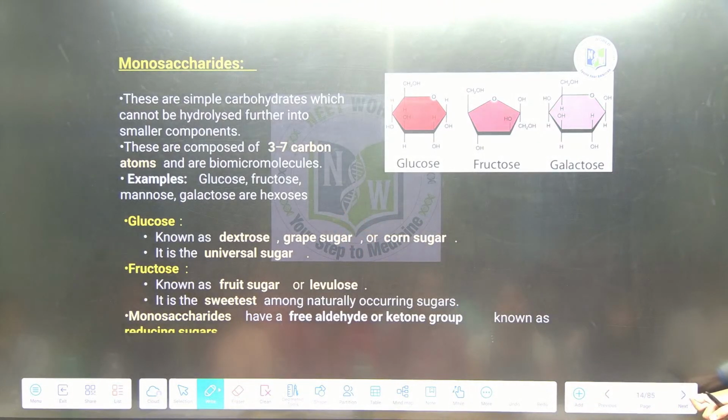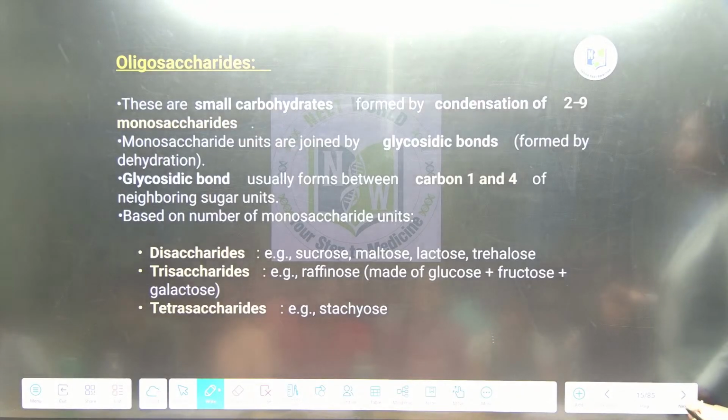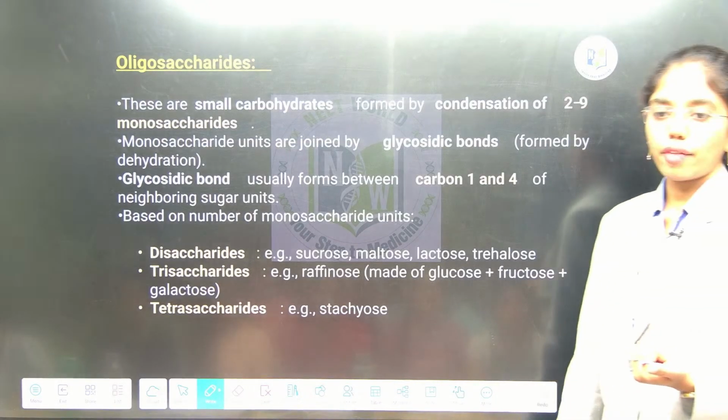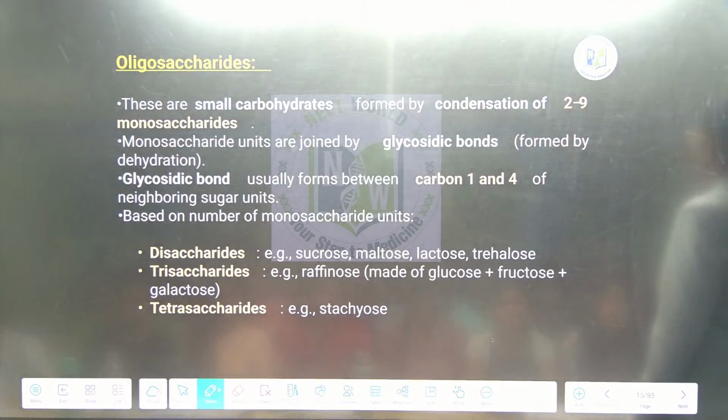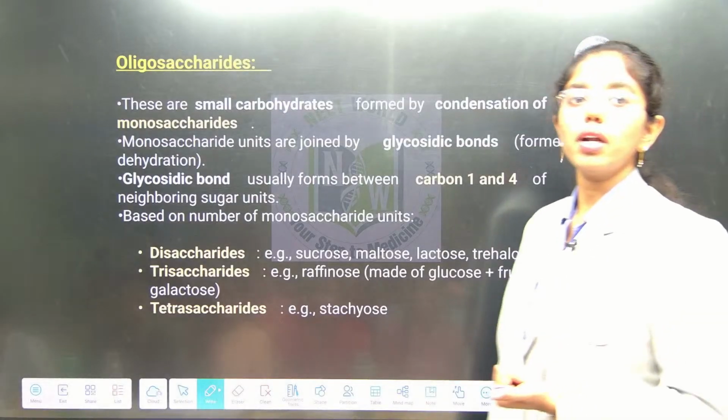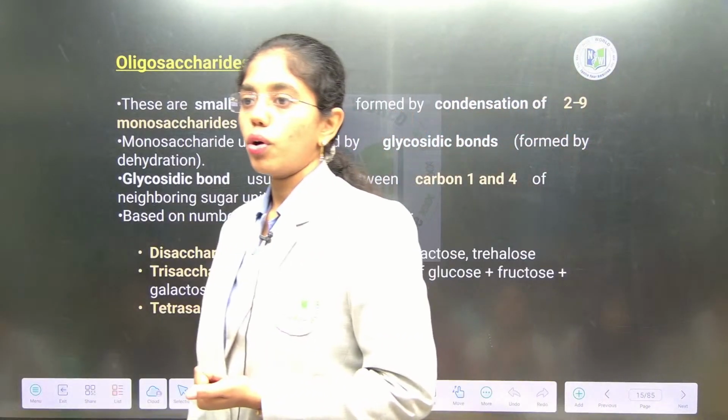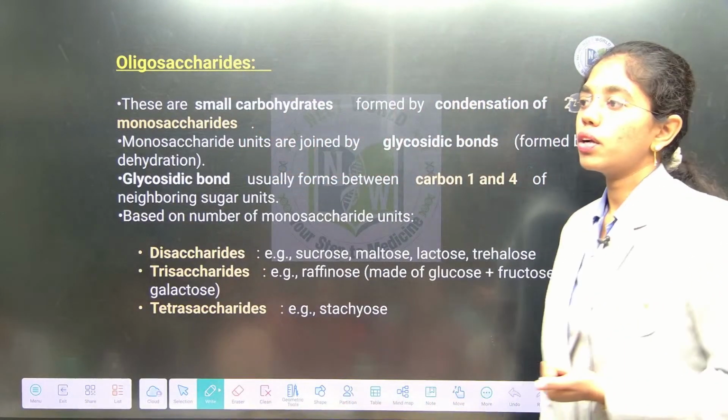What are examples of disaccharides? Maltose, sucrose, lactose. What are examples of trisaccharides? Raffinose. Tetrasaccharide, stachyose. What is addressed as the sweetest sugar? Fructose. Universal sugar? Glucose.